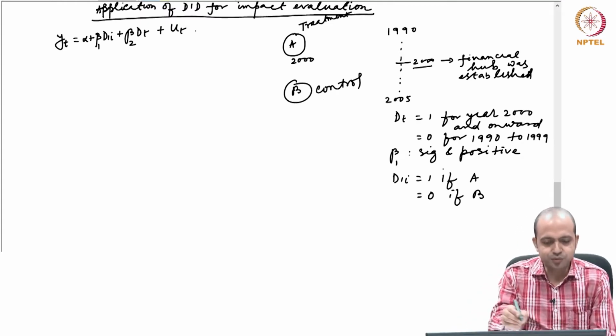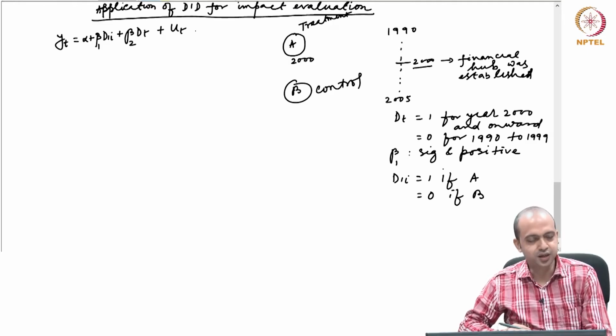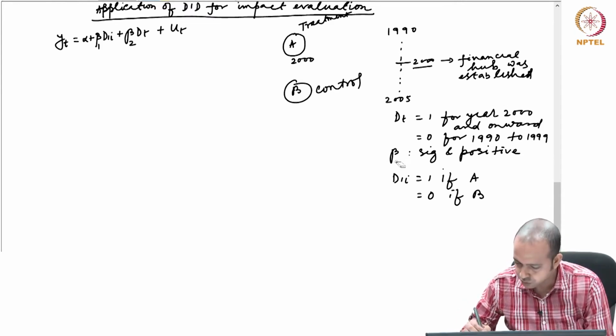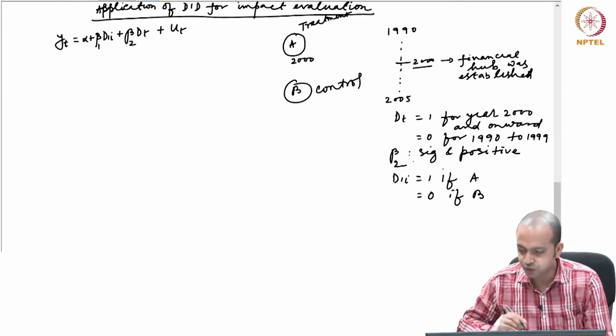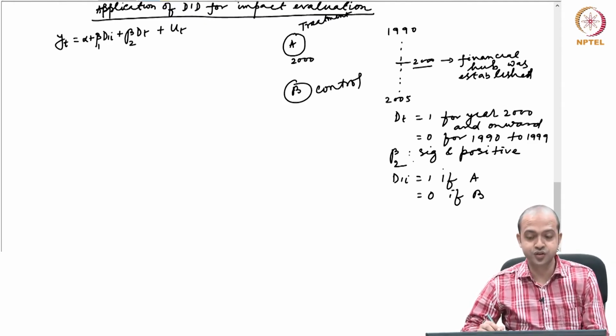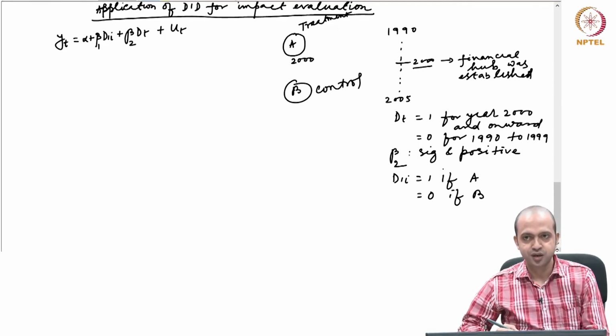So, you have set up this type of model, and this would now become beta 2. If beta 2 is significant and positive, then you will say that real estate price in A has gone up significantly compared to area B because of this financial hub.